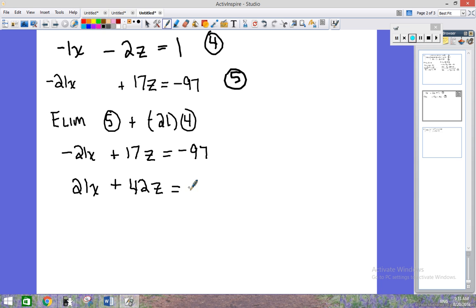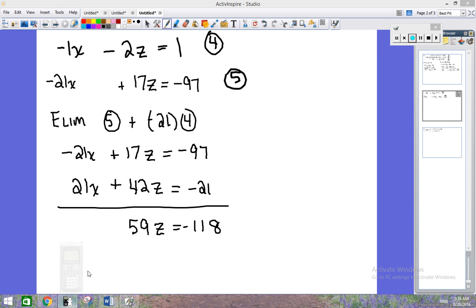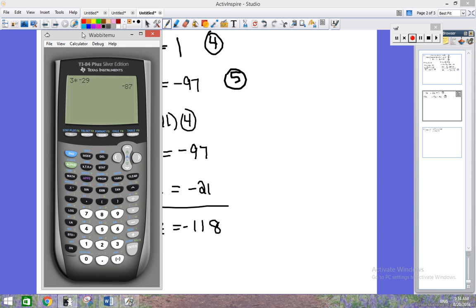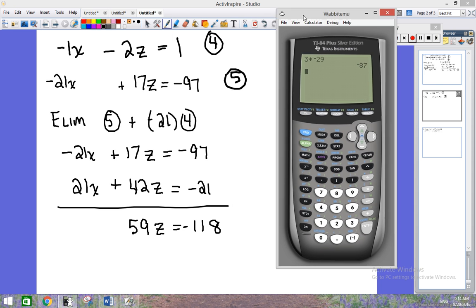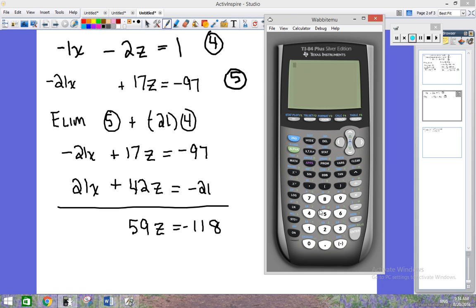When I multiply by 1, that's a lot easier than taking negative 21 times the negative 27. Alright, these cancel, and I have 59, and over here I have negative 118. If I've added those right, I am going to double check, move my calculator over, double check it just for you to make sure that I don't confuse anybody more than necessary.